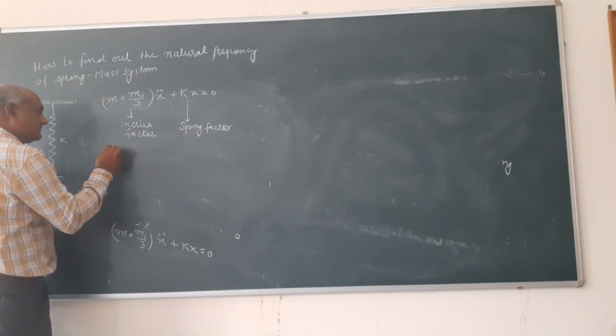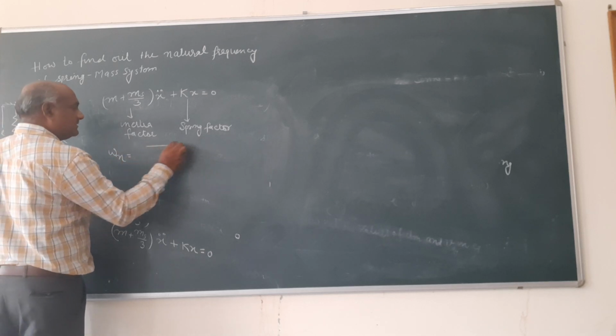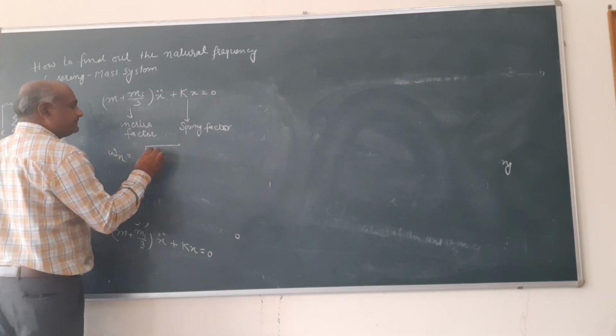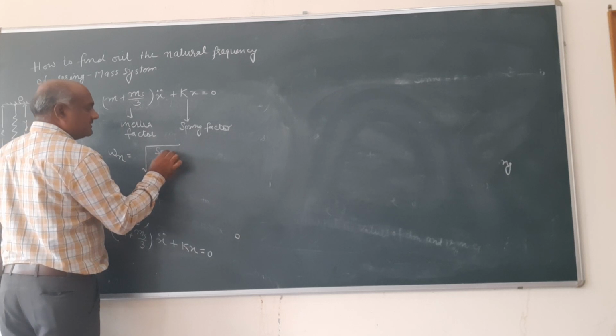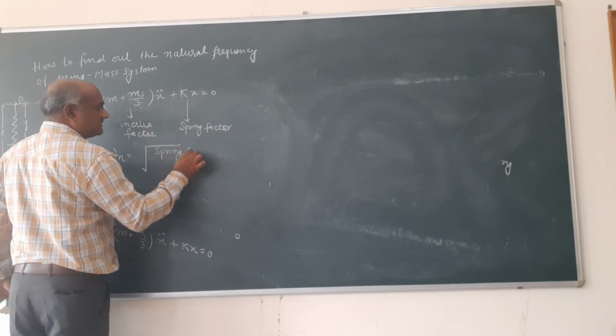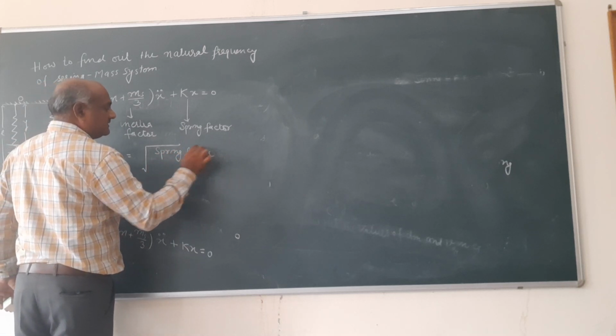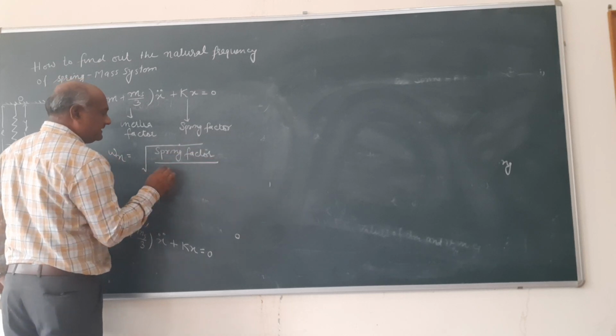Now the natural frequency of the system is equal to the square root of spring factor divided by inertia factor.